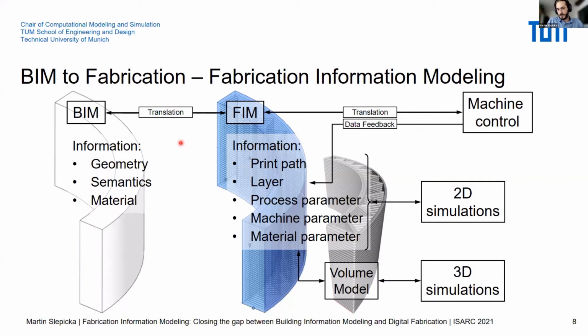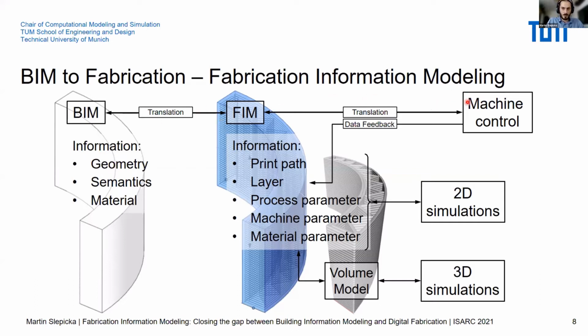In the second step, when we have the print data, we can use another translation algorithm to translate directly to machine control. Well, I did say it's unspecific to machine control, but it is still specific to the type of additive manufacturing that is used. So there's different kinds of FIM information for extrusion-based systems and for powder bed systems. But in general, the translation mechanism is quite similar, and the information is about the same.